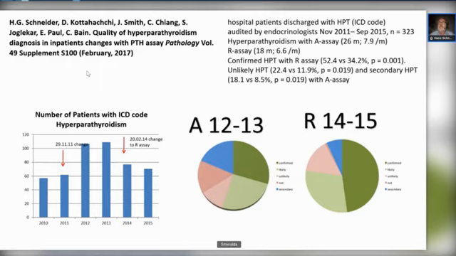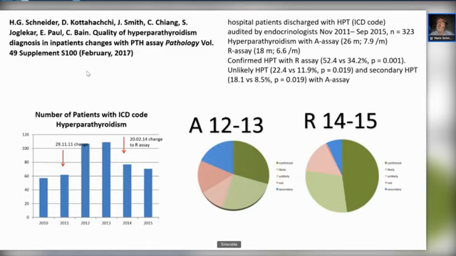When we looked at the quality of the diagnosis, here shown in green, the confirmed hyperparathyroidism, where all the biochemistry fits and the patients have surgery and the hypercalcemia resolves, is dark green.